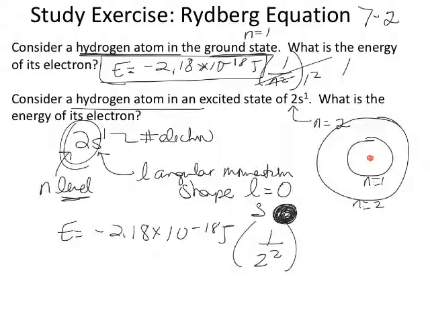So you do that first, 1 divided by 4, and then you multiply it by negative 2.18 times 10 to the negative 18, and you get negative 5.45 times 10 to the negative 19 joules. For hydrogen, the negative sign means that you're emitting this energy. It's leaving the system and going to the surroundings.